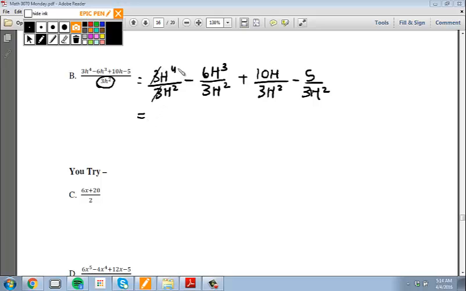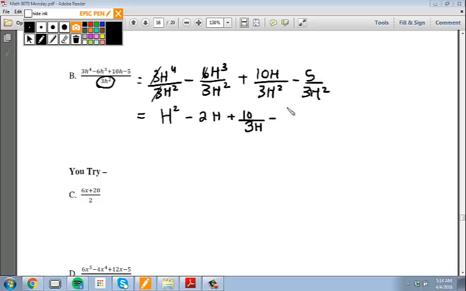We can cancel these 3's, and then h to the 4th over h squared is h to the 2nd. 6 over 3 is 2, so minus 2h. And then 10 over 3 cannot really be simplified, so I'm going to leave it as 10 over 3, and then cancel out an h, so it's actually 10 over 3h.